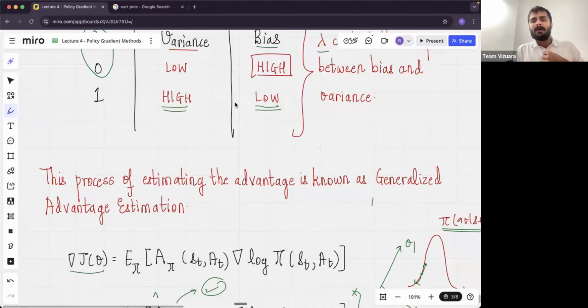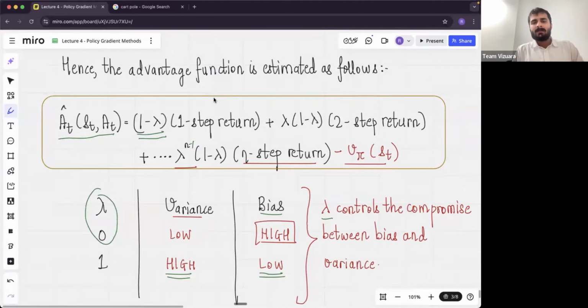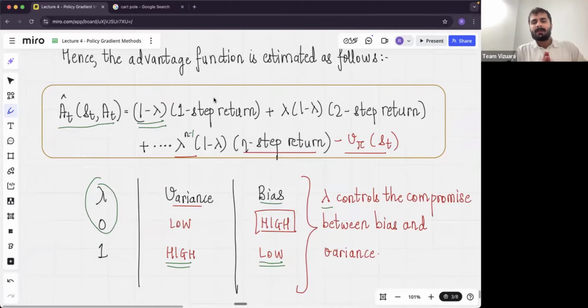Yes, someone is asking about the intuition behind bias and variance, and that is a very important concept to understand. So let's take an example where lambda is equal to 0. If lambda is equal to 0, then all these other terms are 0 and we are only focused on this first term, right?